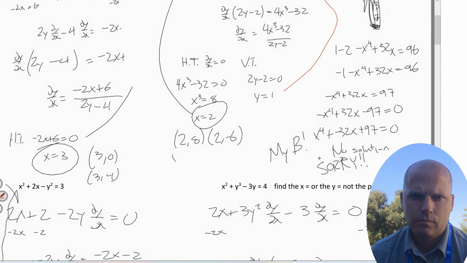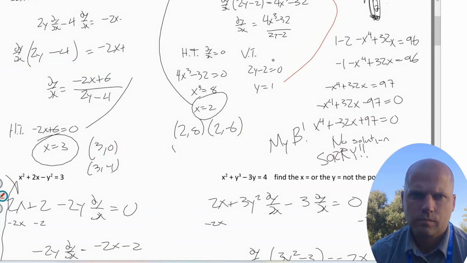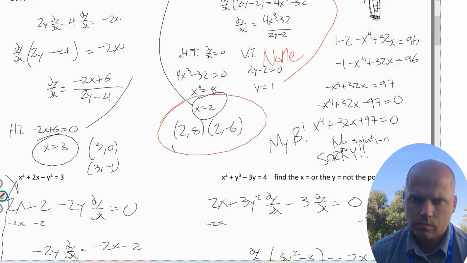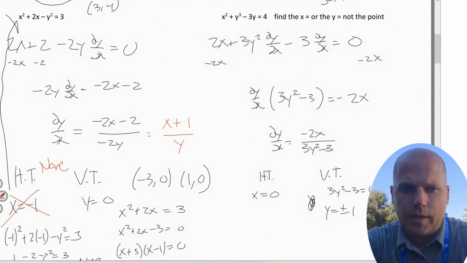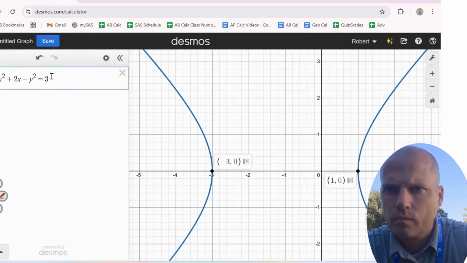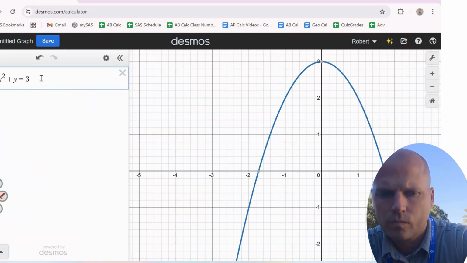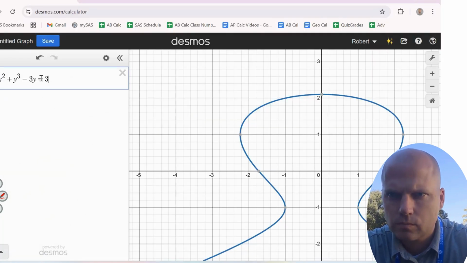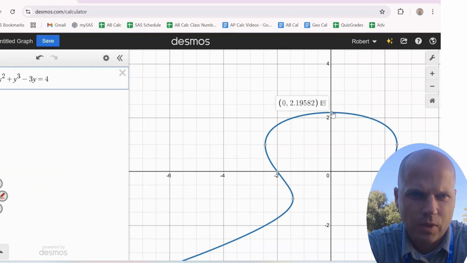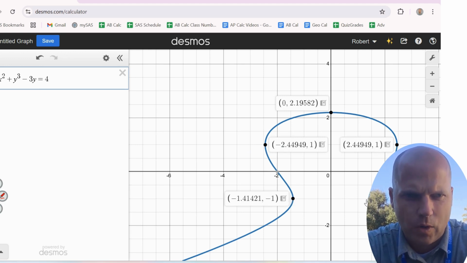X equals 0, y equals 1, y equals -1. Look at that.